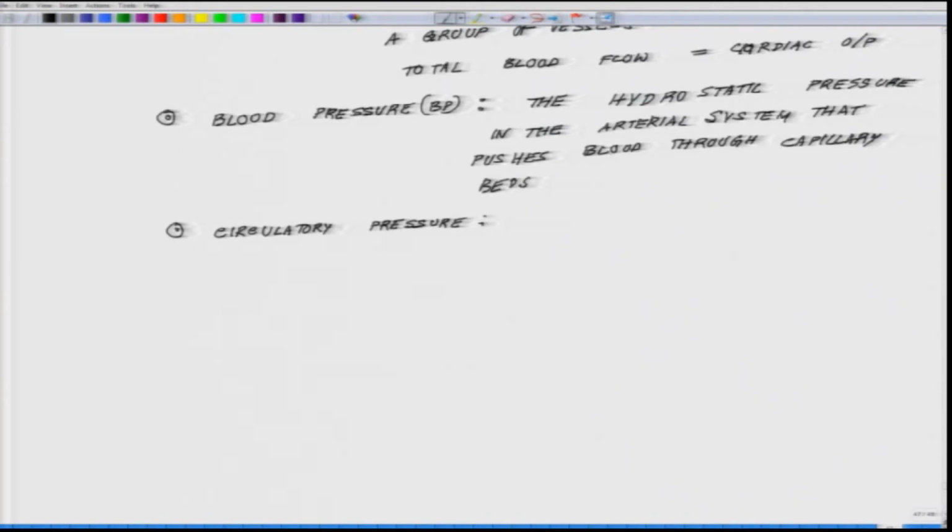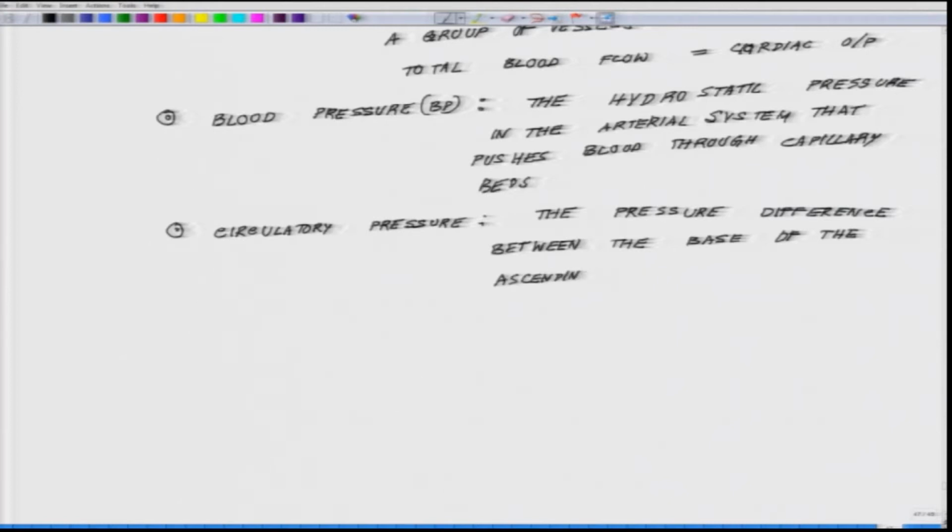So, the pressure difference between the base of the ascending aorta and the entrance of the right atrium. This is called circulatory pressure.